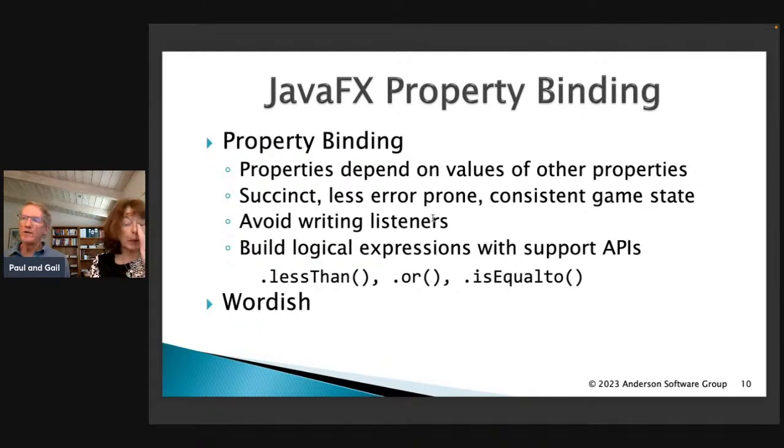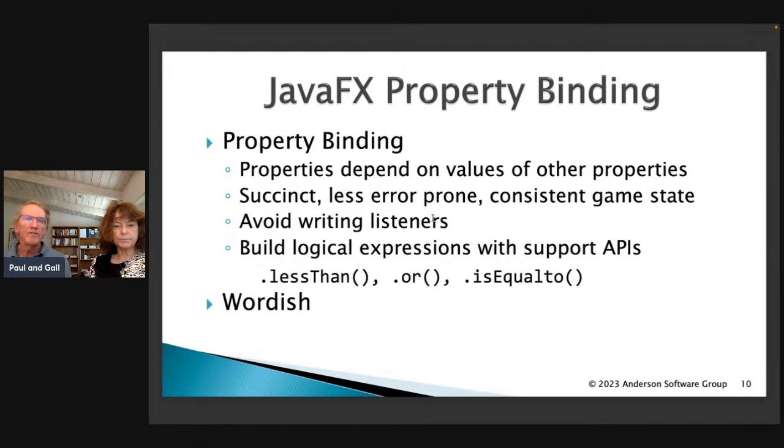So what we do in Wordish is we have property binding to maintain the game state when property values change or are being set. And the binding APIs let you build complex expressions that define the state of your properties. Property binding is much better than writing listeners. It's very succinct, less error prone, and it's really nice to use.